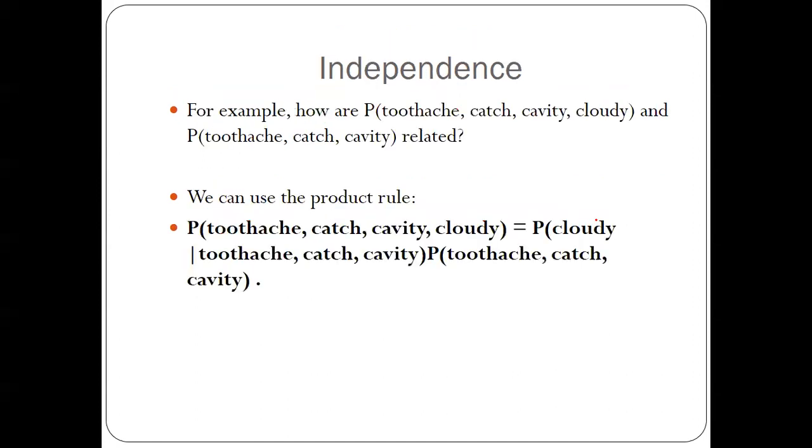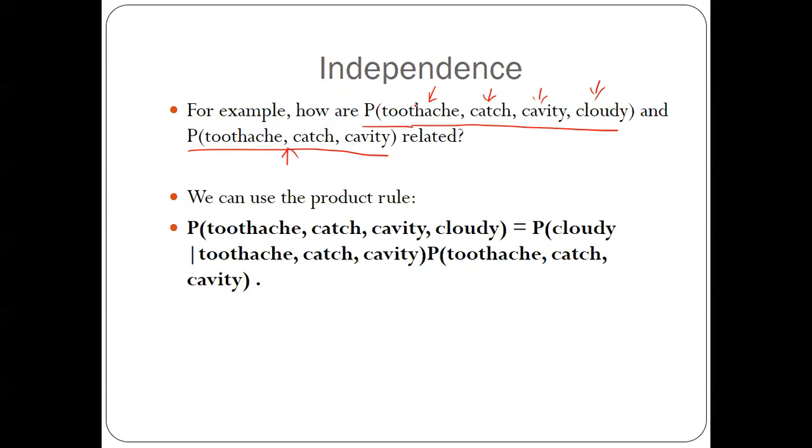Okay. Now say for example, we want to find the relation between two things: the probability of somebody having a toothache, catch, and cavity, and the weather being cloudy, and the probability of somebody having toothache, catch, and cavity. So let us try to understand how these two things are related.